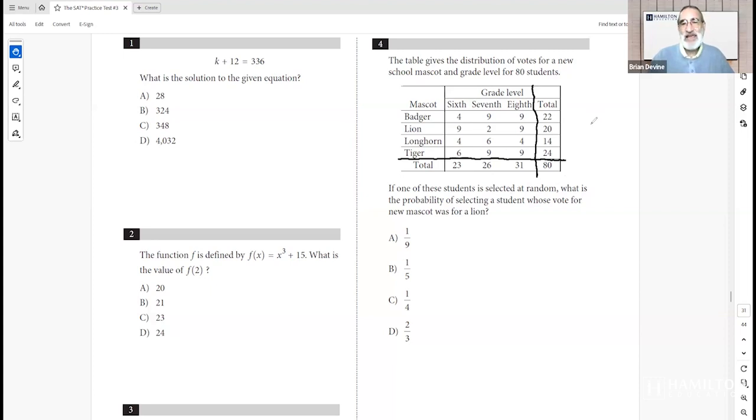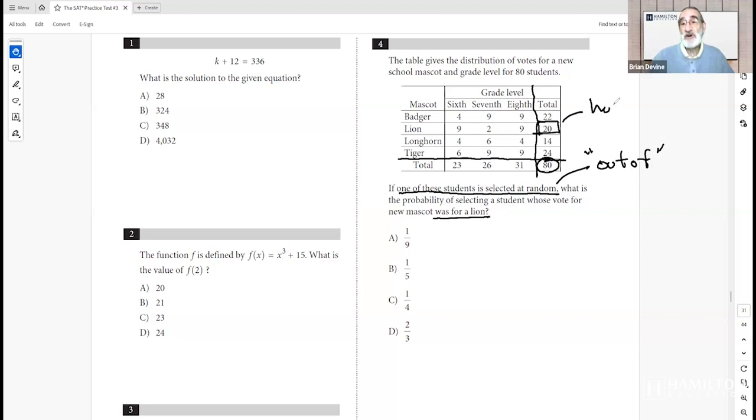Well, let's look at the language here. They tell you one of the students is selected at random, so this would be your out of. And we can see that, well, that'd be 1 out of 80. And so the rest of the thing says, what's the probability that the student selected a lion? Well, that would be the total for all the students that selected a lion.